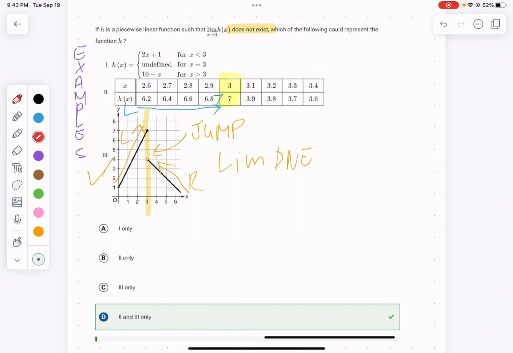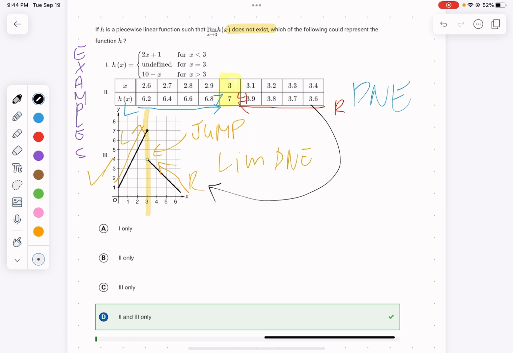However, when you come in from the right, as x approaches 3, we notice that it approaches 4. So you can perfectly see that there is also a jump discontinuity. The limits from the left and the right are not equal, meaning that the limit does not exist as x approaches 3. And crazy enough, these are representing the exact same thing. This is basically just a table for the graph.